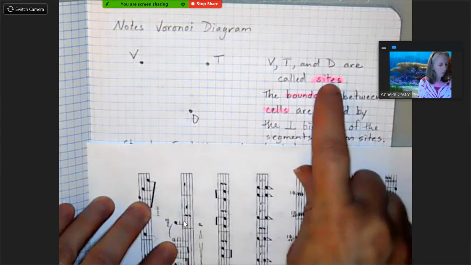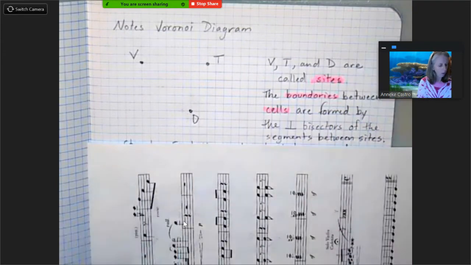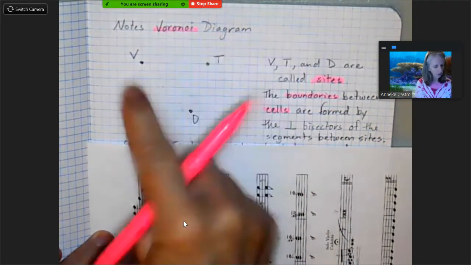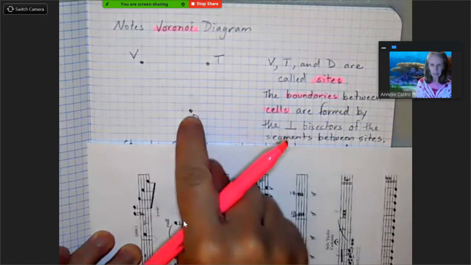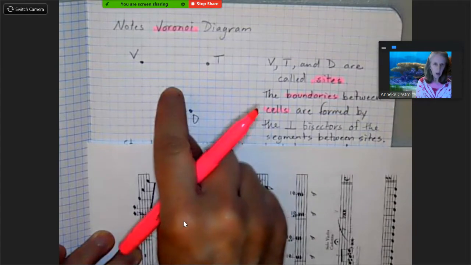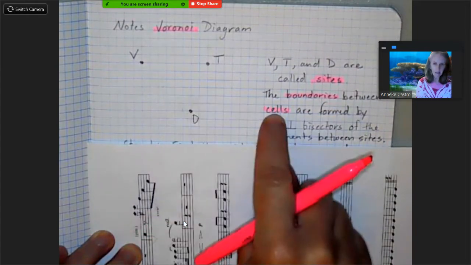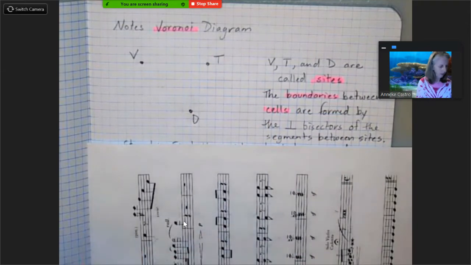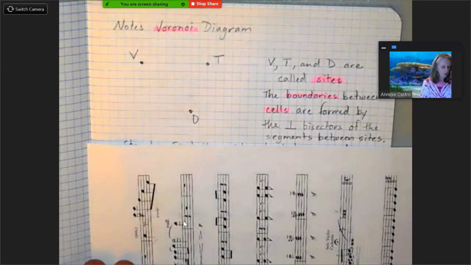But these are the three important words for our Voronoi diagrams. Sites are the existing places. Boundaries are the lines you're going to draw that create the cells, which are the area around the sites.